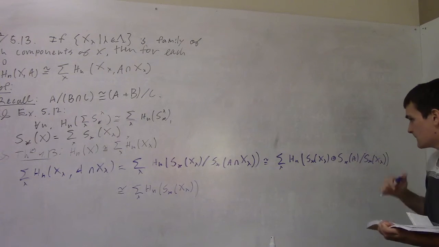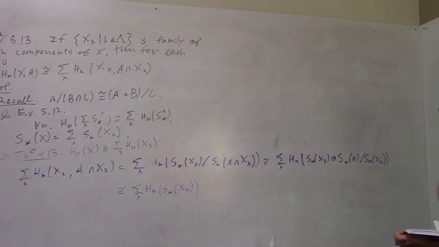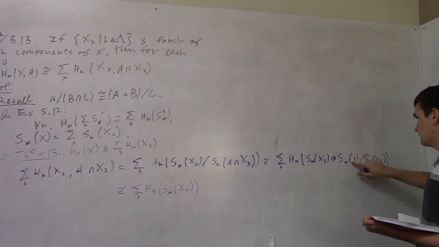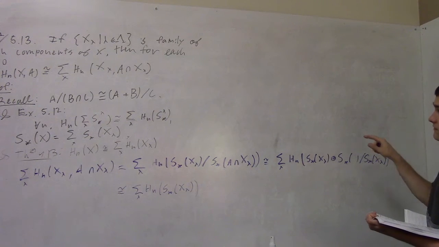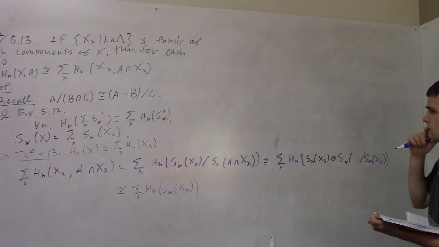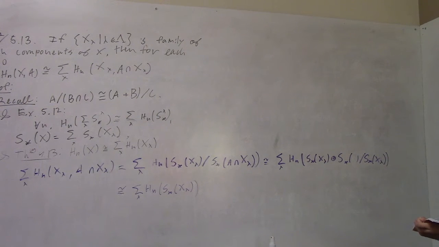So the A, quote unquote, is the S star X sub lambda. But it's not, it's S star of the intersection of A and, I mean, I guess my trouble is you've got B intersect C. Oh, right, yeah. Whereas here you've got S star of A intersect X lambda. Is there a reason that S star of A intersect X lambda would be like S star of A intersect S star of X lambda? Would that even make sense? I don't know.